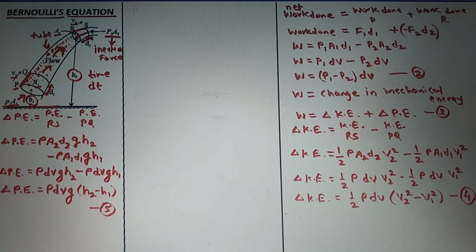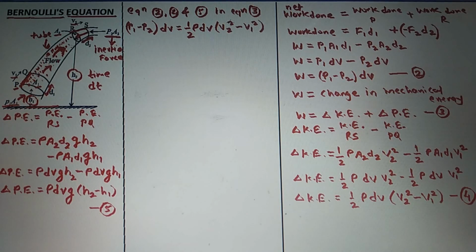Now if we substitute equations 2, 4 and 5 in equation 3, then we can write here (P1 minus P2) into dV is equal to the change in kinetic energy, that is 1 by 2 density rho into volume, in bracket V2 square minus V1 square, plus the change in potential energy, density rho into volume into gravity, in bracket H2 minus H1.